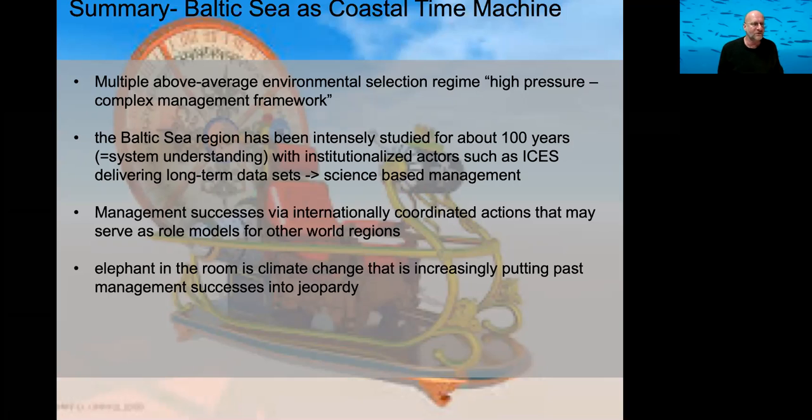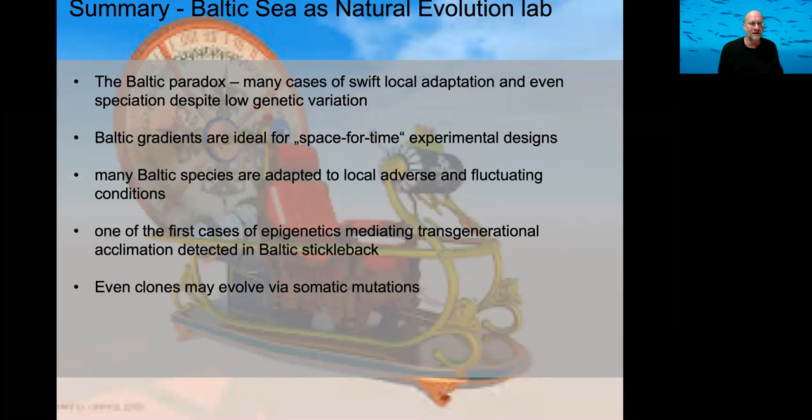The elephant in the room, however, and I didn't go into much detail here, but that's more and more apparent, both for the nutrient problem, but also for the fisheries management, is climate change that is increasingly jeopardizing the successes of regional management. In terms of the Baltic as an evolutionary time machine, we witness, if you will, a Baltic paradox.